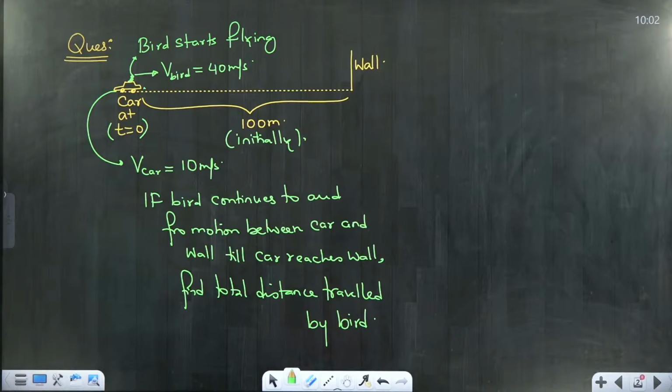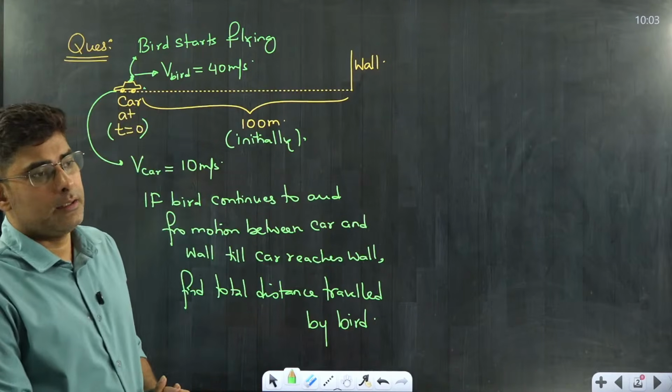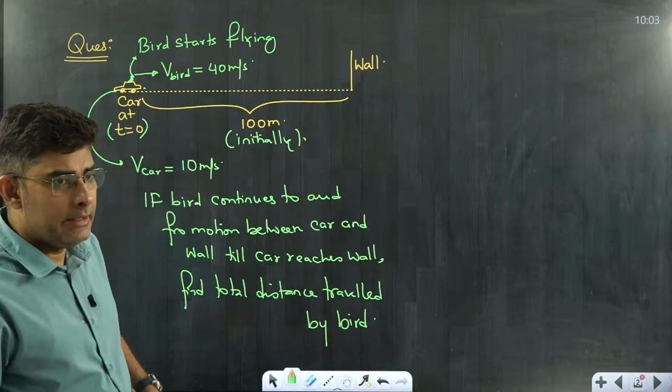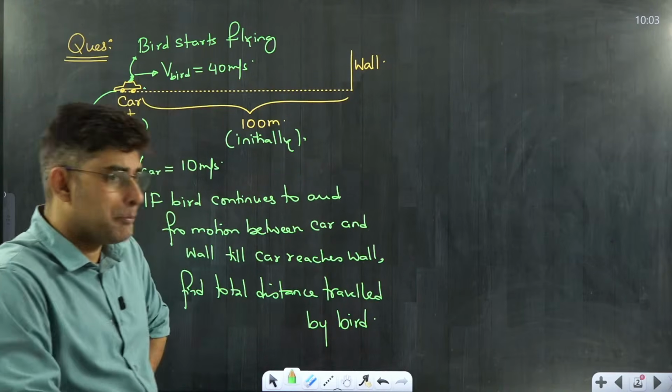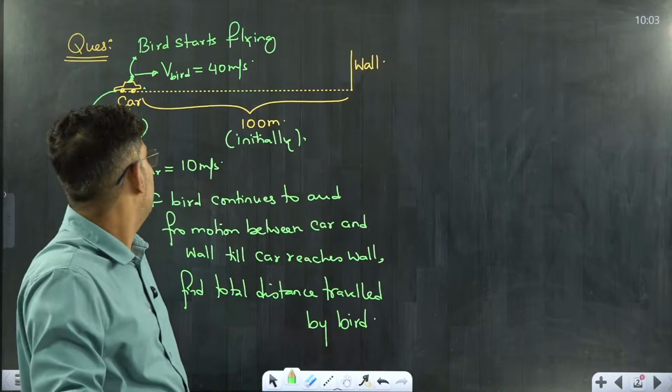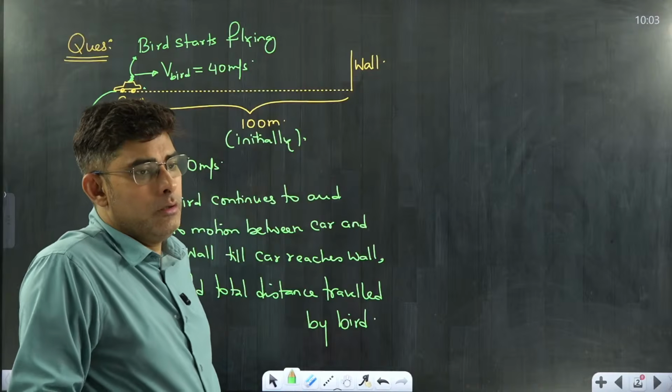Also, we would like to know how many to and fro trips the bird will make till the car reaches the wall. Can anyone think and tell me how many trips the bird will make till the car reaches the wall?